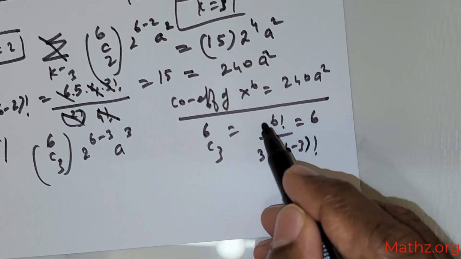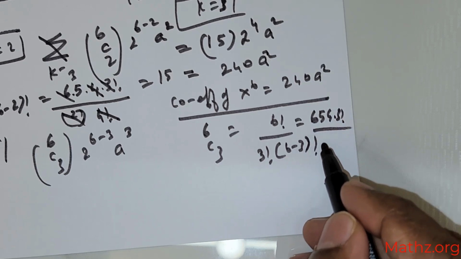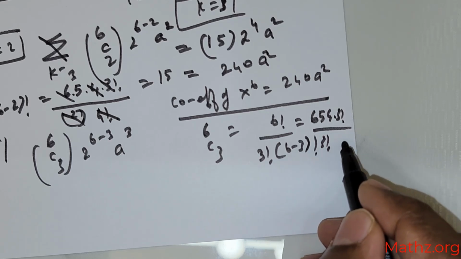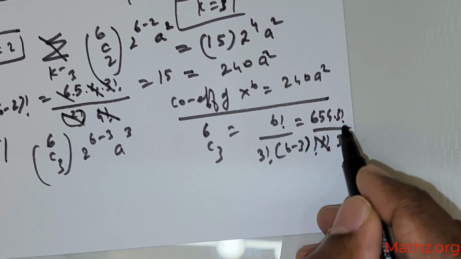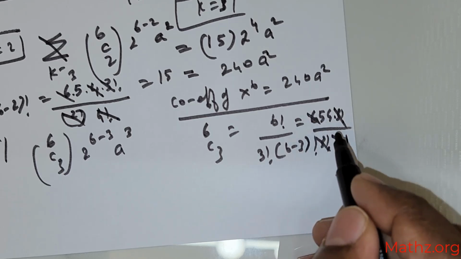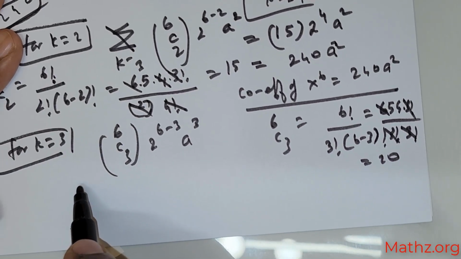Now I can rewrite this as 6 into 5 into 4 into 3 factorial, and 3 factorial times 3 factorial, because 6 minus 3 is again 3. So 3 factorial and 3 factorial get cancelled. 3 factorial is nothing but 6, so 6 and 6 get cancelled, so 5 4s are 20. So 6c3 is nothing but 20.